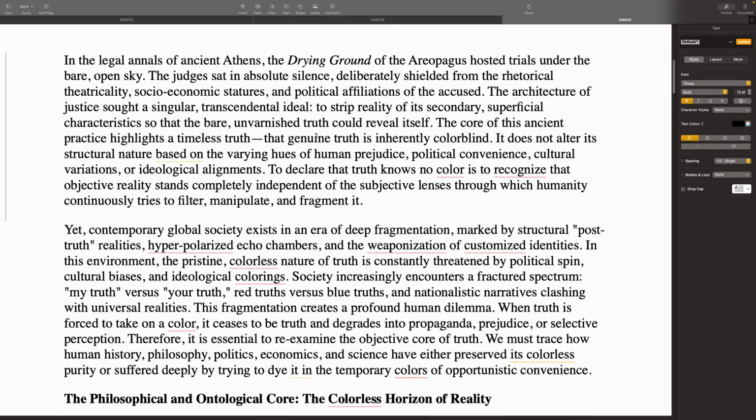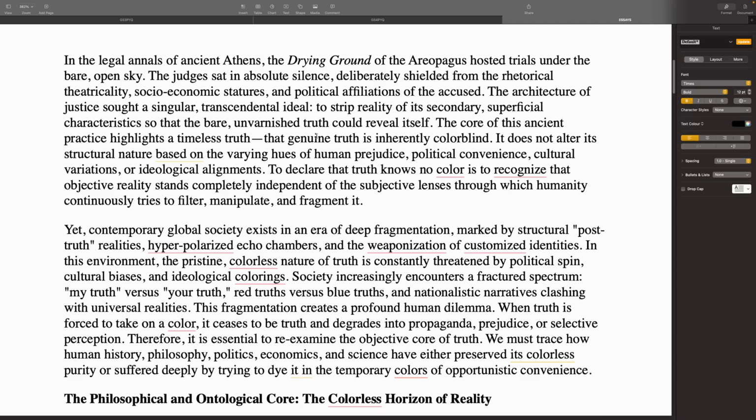In the legal annals of ancient Athens, the hill of the Areopagus hosted trials under the bare open sky. The judges sat in absolute silence, deliberately shielded from the rhetorical theatricality, socio-economic stature, and political affiliations of the accused. The architecture of justice sought a singular, transcendental ideal: to strip reality of its secondary superficial characteristics so that the bare, unvarnished truth could reveal itself.